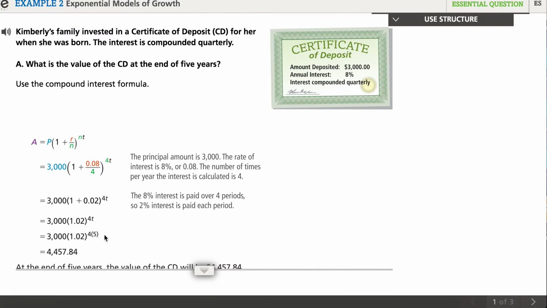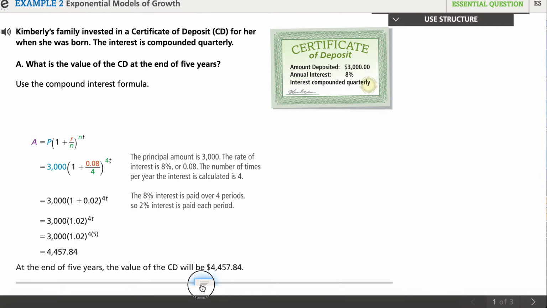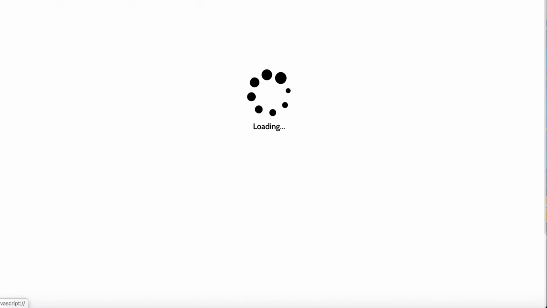You plug these numbers into a calculator, guys, and you will figure out that at the end of the 5 years, the value of the CD will be $4,457.84. I'm just giving one example for each problem.